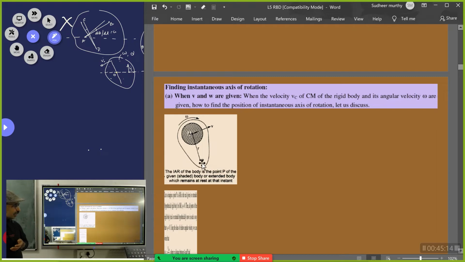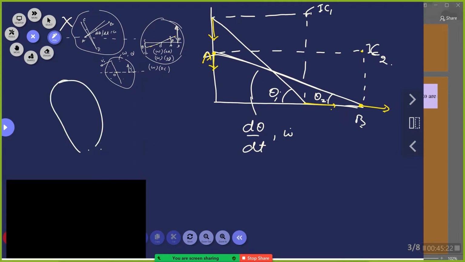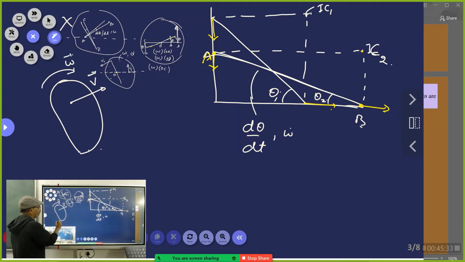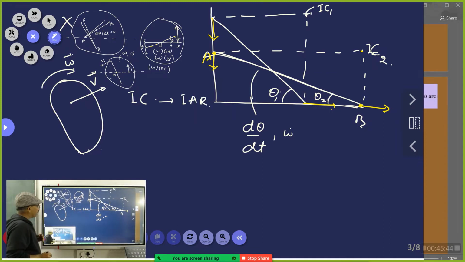So this is the body given, this is the center of mass, the velocity vector is given, and omega bar is given. We have to locate the instantaneous center and thereby determine the instantaneous axis of rotation, IAR.